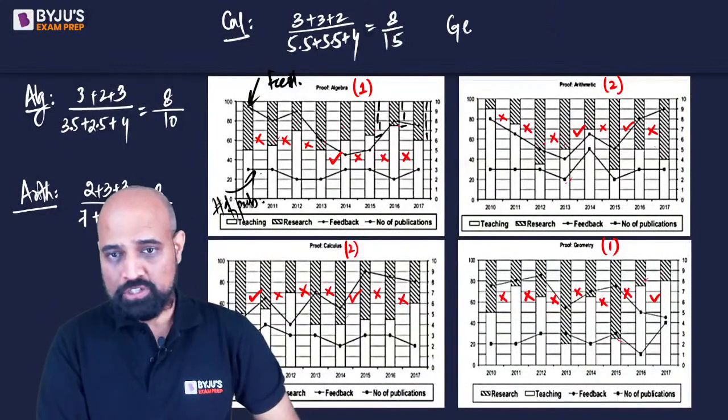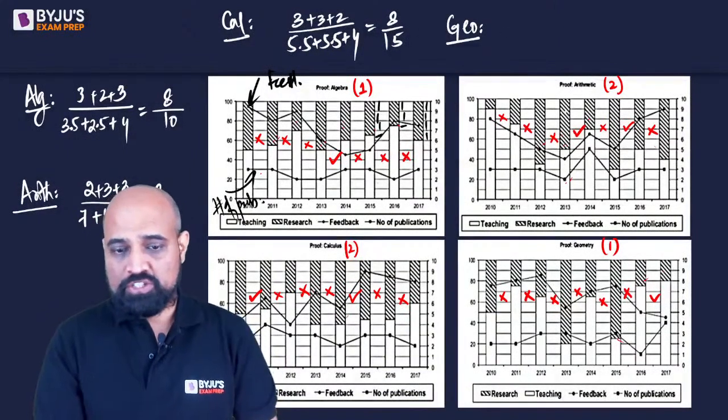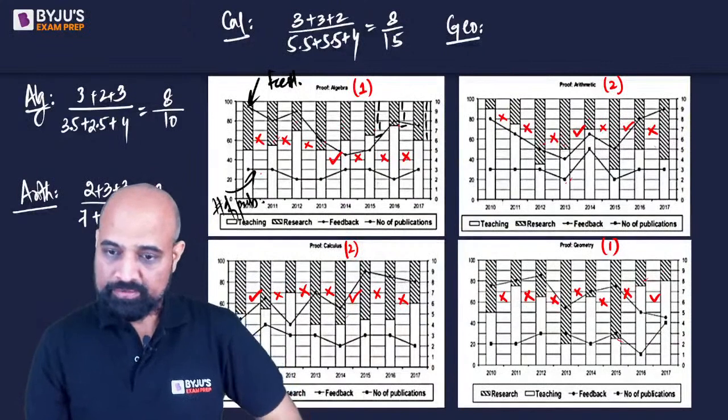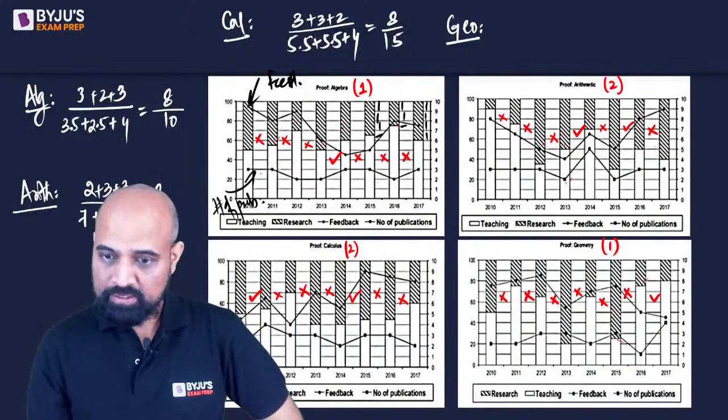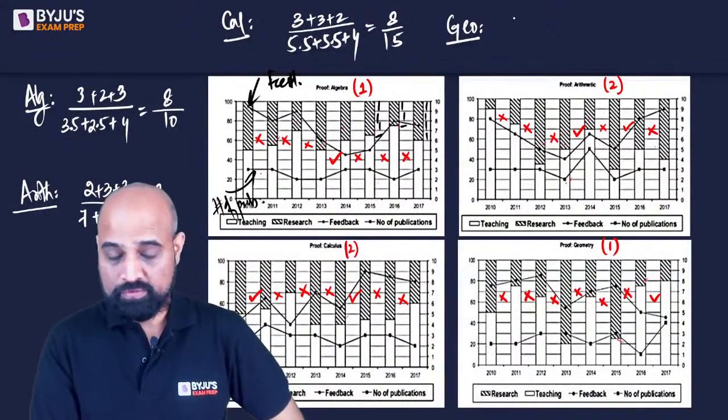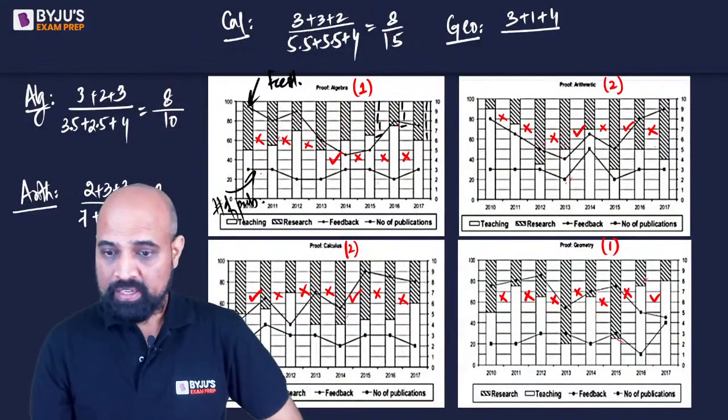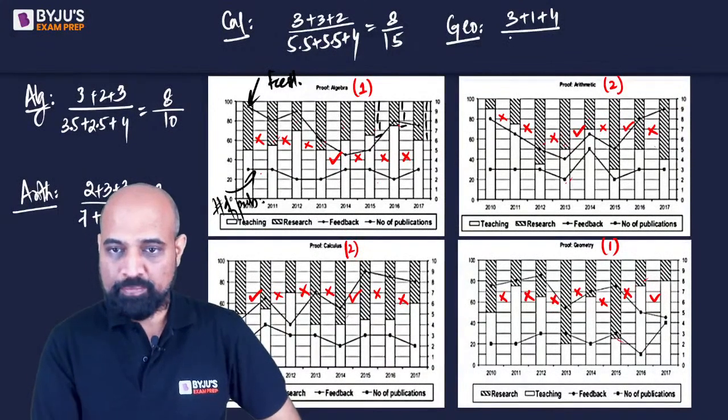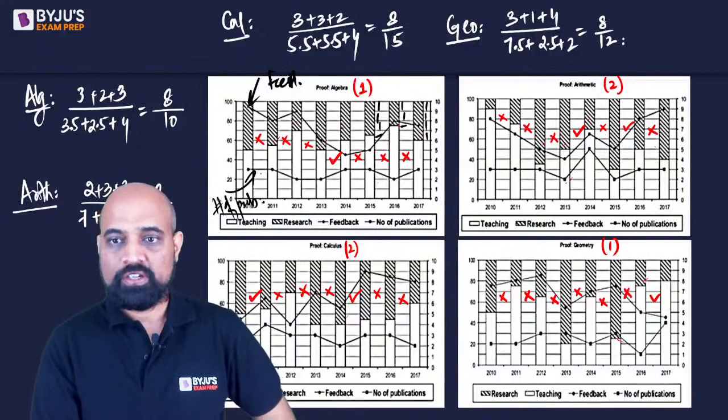And if you look at geometry, the geometry one is 3, 1 and 4. Oh, it's still 8. And then we need to divide it by 7.5. And then we have 2.5. And then we have a 2, which is 8 upon 12.